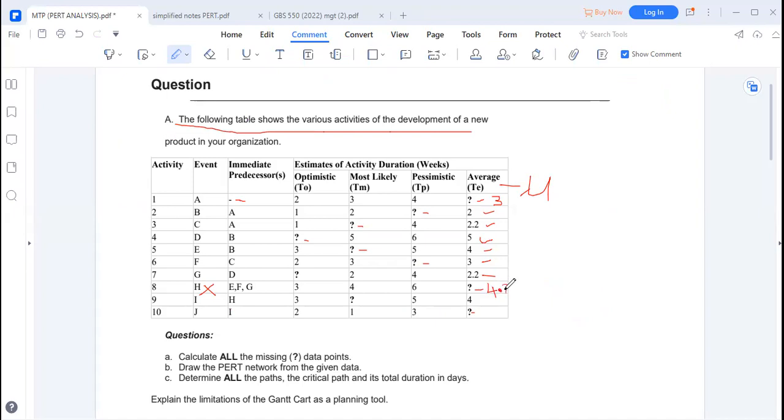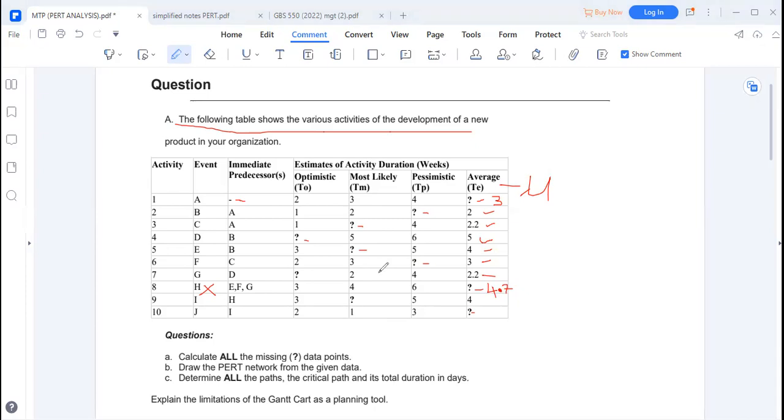Then we can get down to finding for J. For J, we have optimistic is 2, most likely is 1, pessimistic is 3. So this is how we get to find the time expected for J.